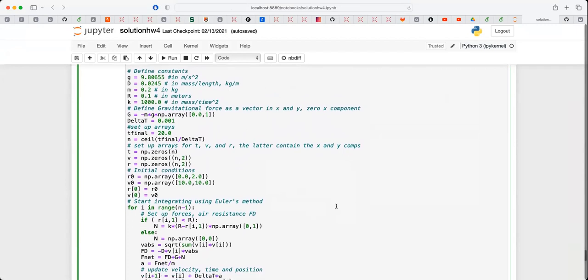Now, if you look at what I've done here, I've chosen a time step, delta t. What I want you to have with me in the discussions here is that we are using Euler's method. Euler's method is an approximation to the true problem.